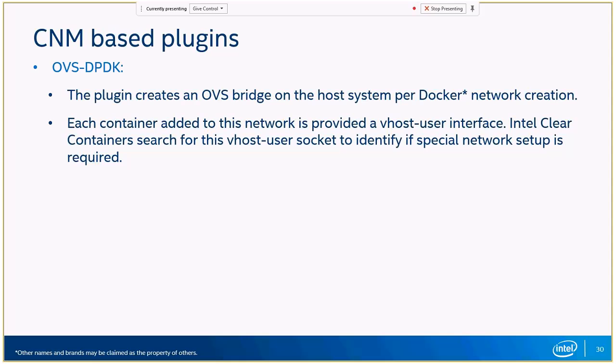We have created a plugin for OVS DPDK, which is one way to do packet processing. This plugin lets you replace the default Linux bridge that comes with Docker with a bridge based on OVS DPDK.